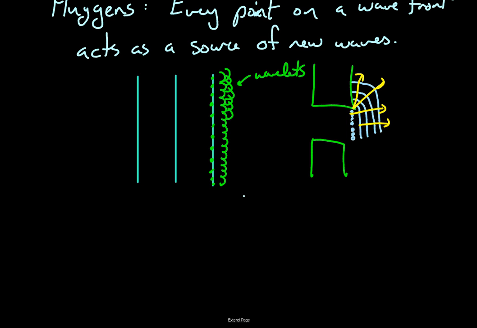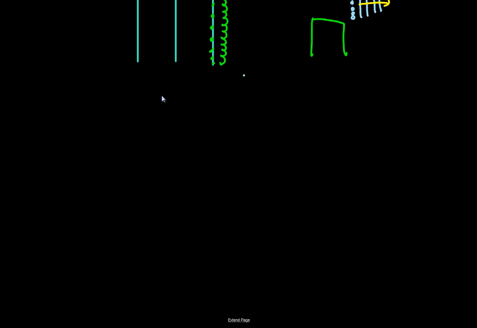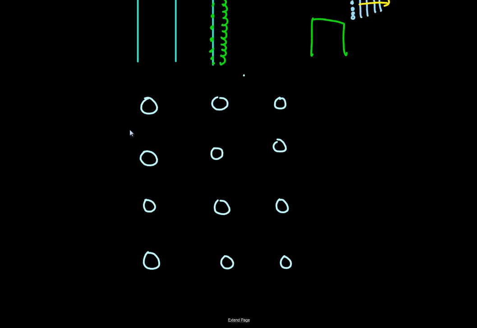So let's look at that even more in depth. Let's imagine that the substance the wave is traveling in is like a whole bunch of particles, and these particles are interacting with each other. This is a view of the way that matter is set up: it's got particles inside it, and those particles are somehow attached to one another.